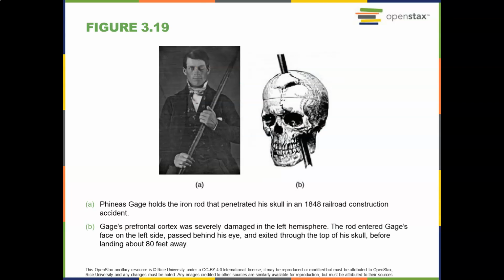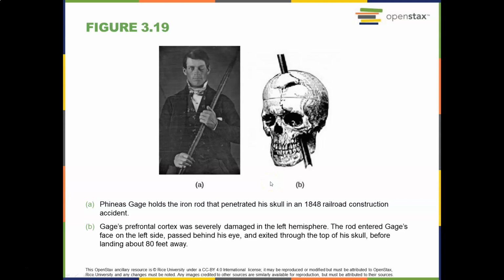Okay, let's move forward. This person right here, his name is Phineas Gage, and he used to work on a railroad construction team, and he had a unique accident. This is in 1848. This iron rod that he's holding right here, there was an explosion while he was working, and the rod shot up under his cheek and straight up through his head, and continued directly through him.